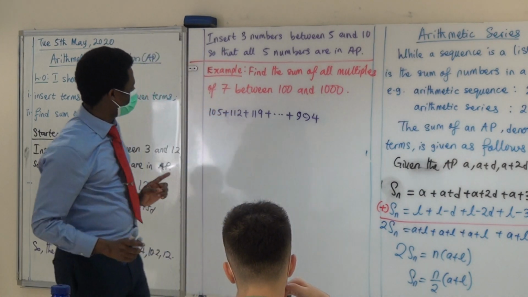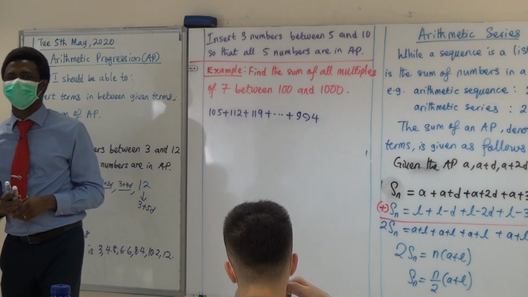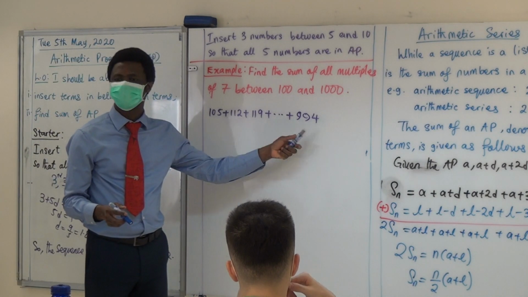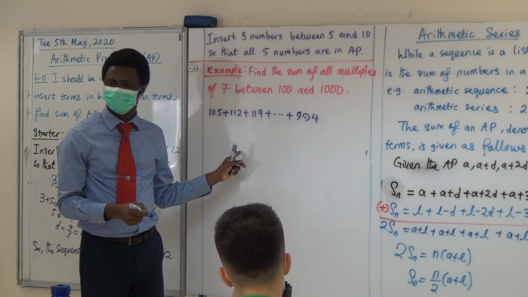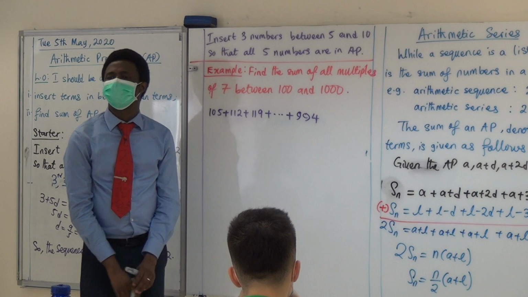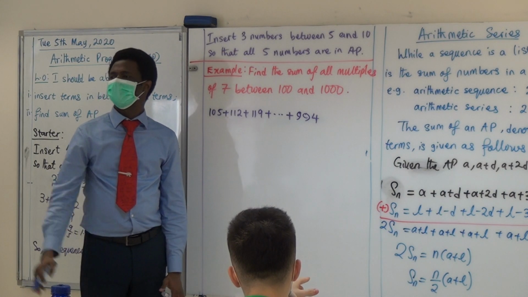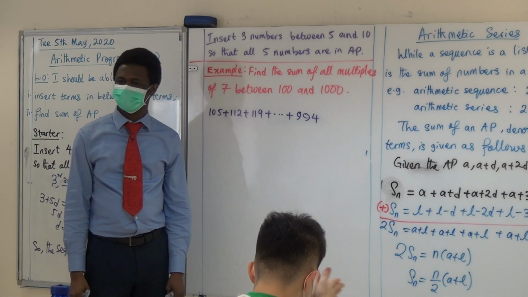Okay? So the only thing we need to find out is what is n? How do we find n, guys? The last term minus the first one, we divide by 7. Wait, no. You think like an... it's not the IB. Use the formula. Stop thinking like you're doing mental math. Alright?